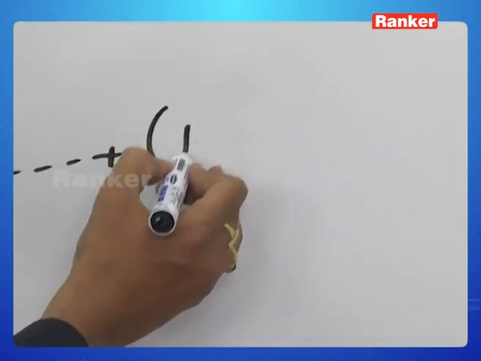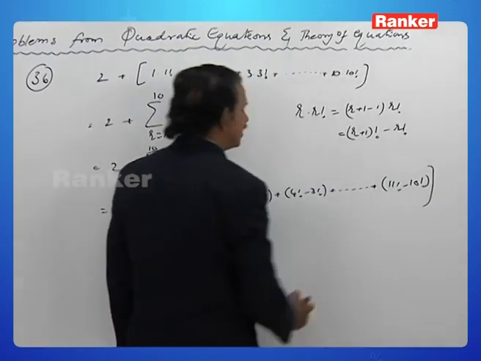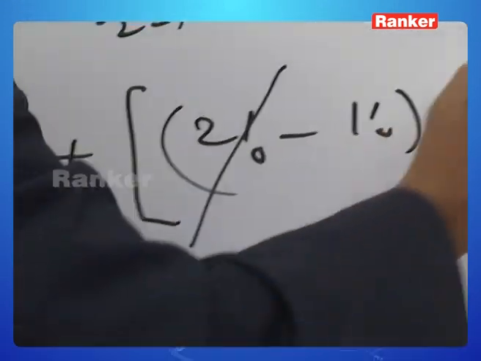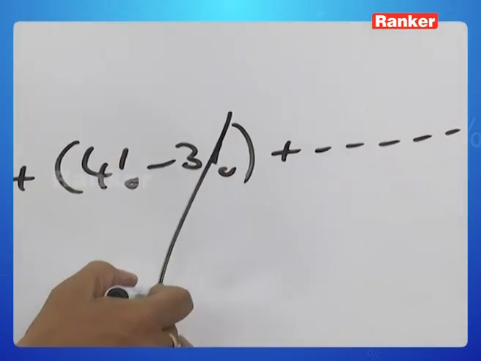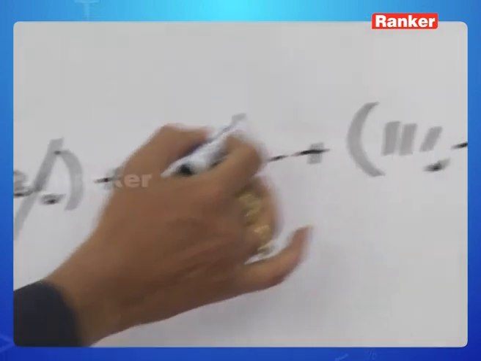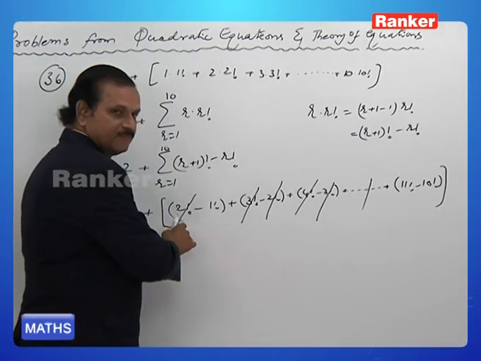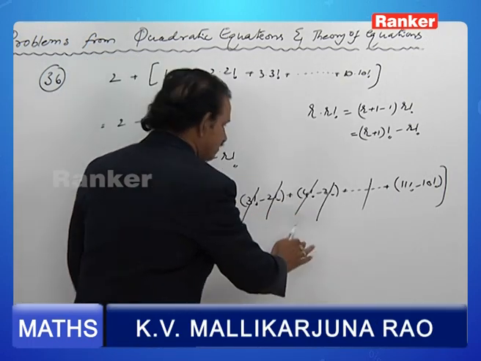At last, 11 factorial minus 10 factorial. Let us see what is going to happen. 2 factorial cancelled. 3 factorial cancelled. 4 factorial cancelled. You observe the first term of a bracket is going to be cancelled with the second term of the next bracket.